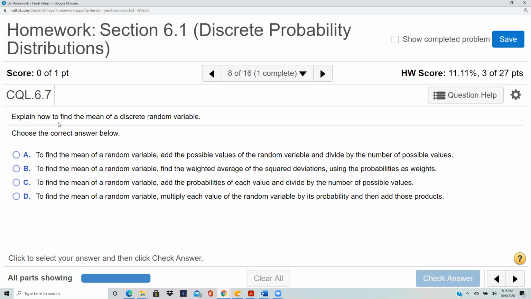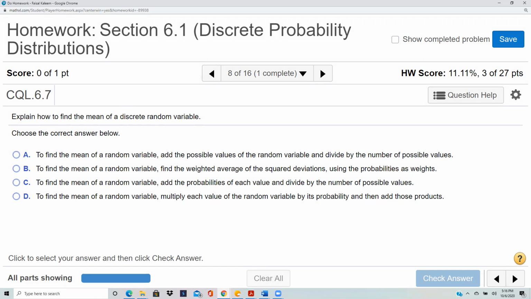Explain how to find the mean of a discrete random variable. This question is not very well worded. What they mean is a discrete random variable in a probability distribution. So what you do in this case is multiply each random variable by its probability and then add these products.